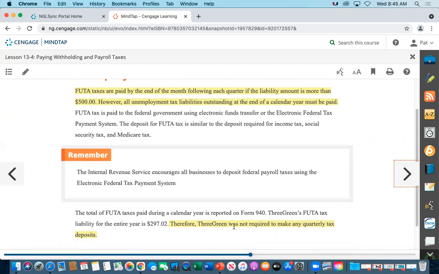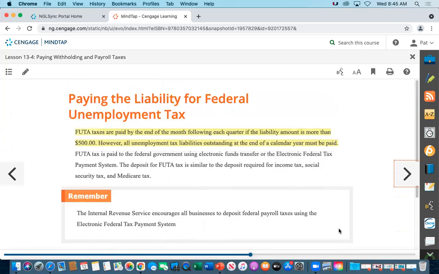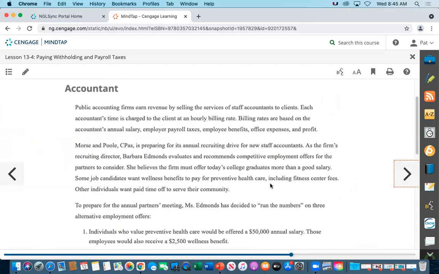Basically, the way we have things set up, 3 Green is not required to make any quarterly tax deposits. They are telling you there could be some quarterly tax deposits, but we are not required to do so. So what we're going to do is pay it on the 15th of the next month, like we do our employee income tax. That's all that is. It's just some background information.